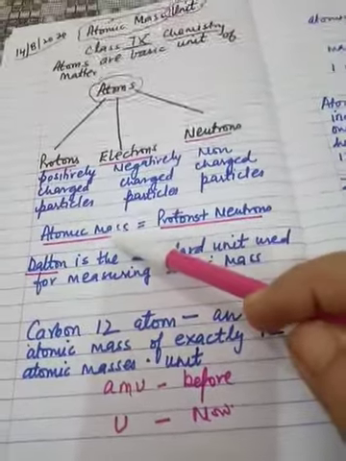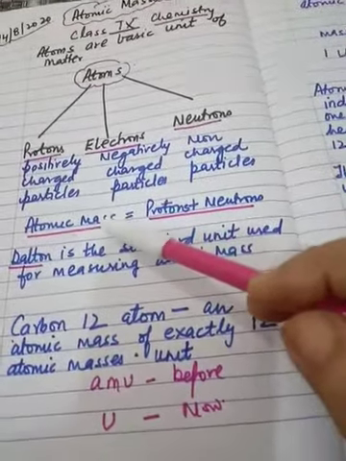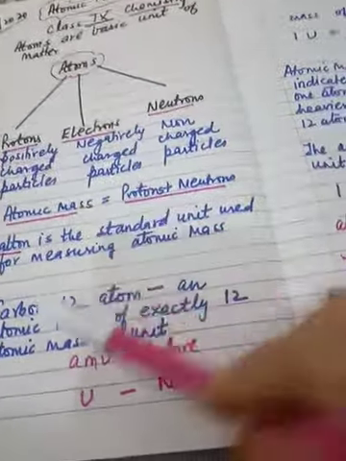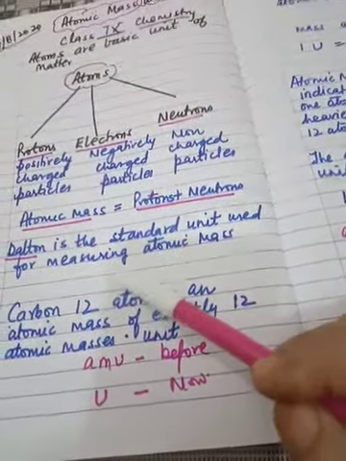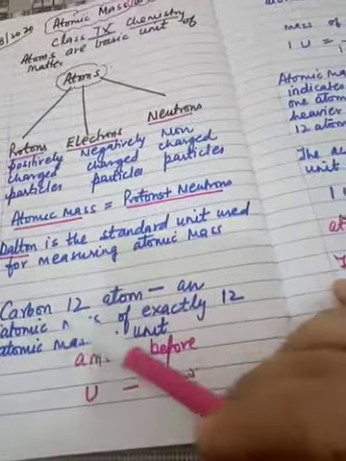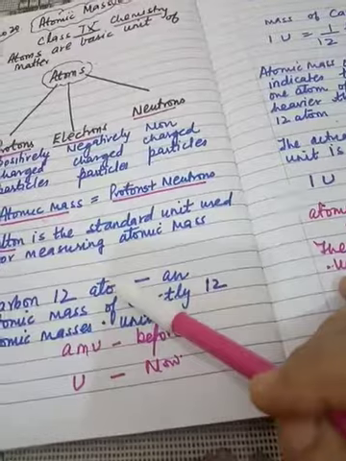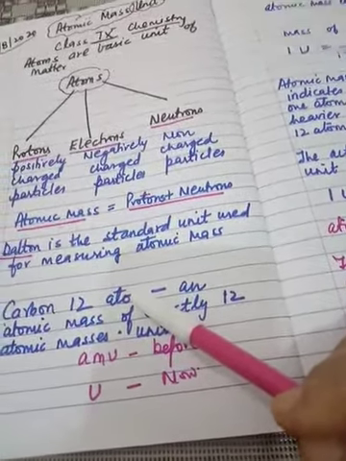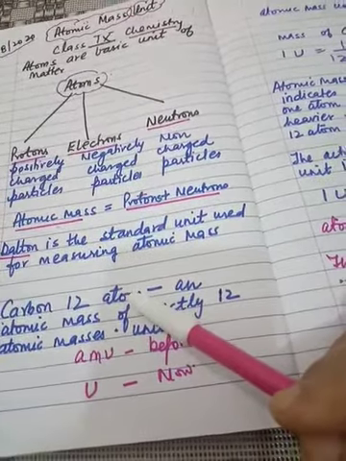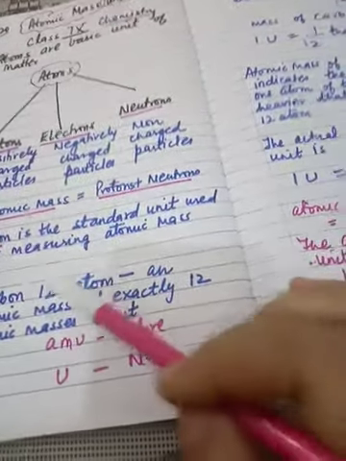we should first know the meaning of carbon 12 atom. Carbon 12 atom is that atom of carbon which has 6 protons and 6 neutrons in its nucleus, so that its mass number is 12.